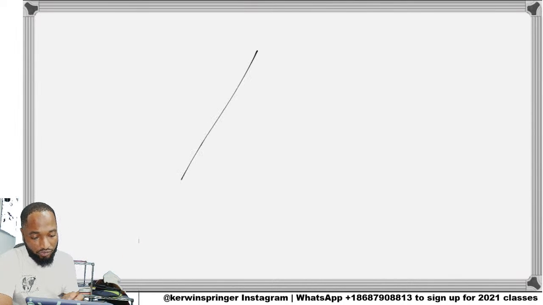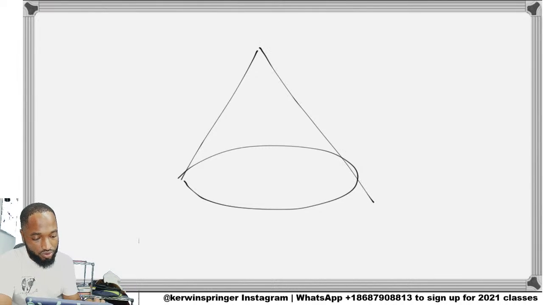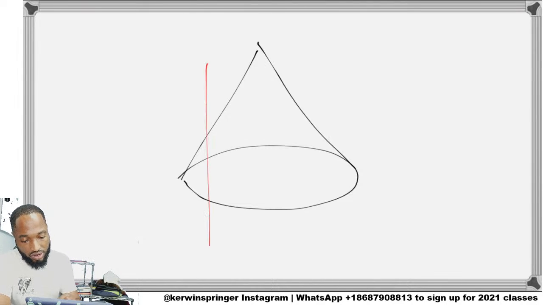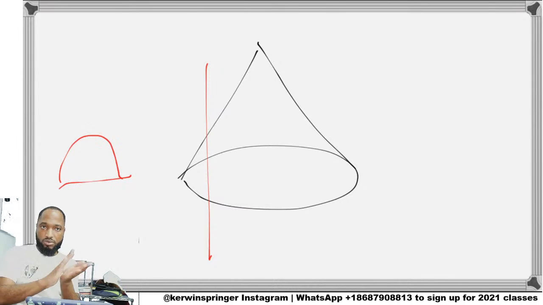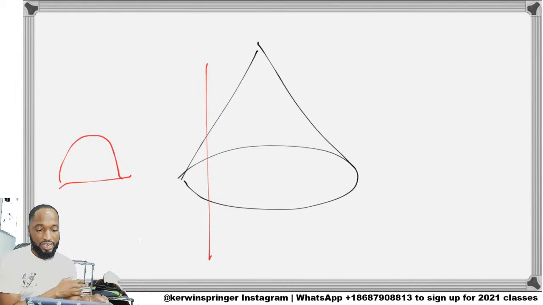You need to know everything that happens when you cut a cone. All the different ways to cut a cone will result in a different shape. If you cut the cone straight down, the shape that you see there is a hyperbola.